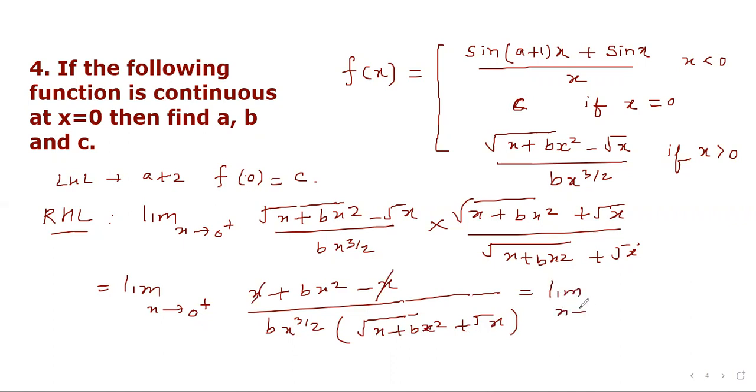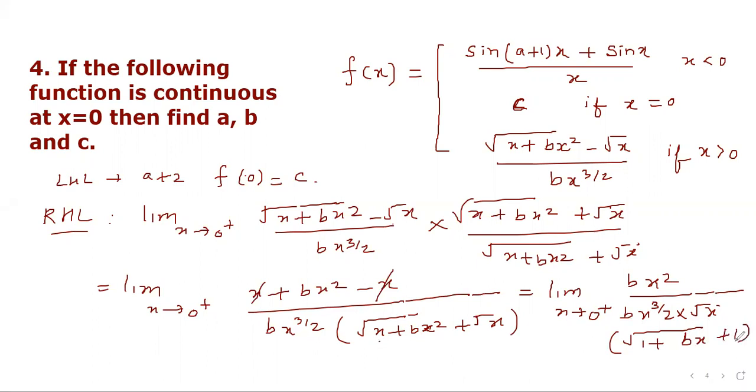Limit x tends to 0 plus, bx square divided by b times x power 3 by 2, and from here we are taking root x common, then we will be left with, inside the root, 1 plus bx, plus 1.